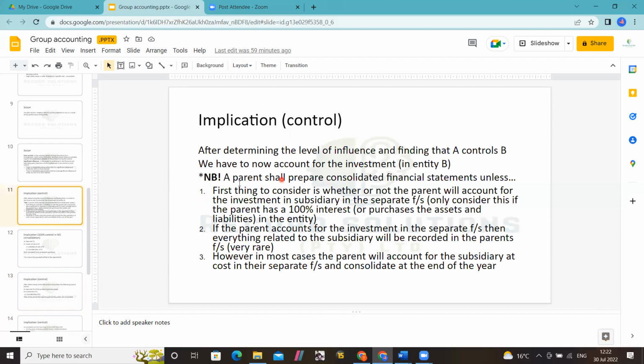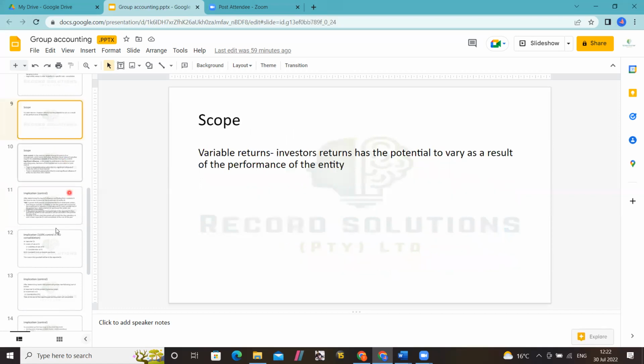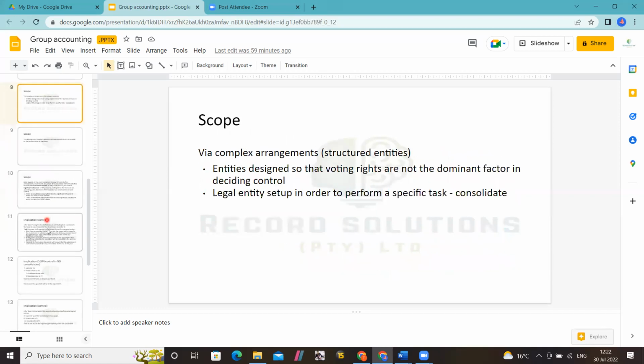Like I said here, the first thing you have to determine is this 100% interest thing. Let's say you didn't buy the assets and liabilities of the business, and you bought a stake lower than 100%, which is what normally happens. You buy a stake that's lower than 100%, and you've ascertained, using these rules, the scope, that you have control.